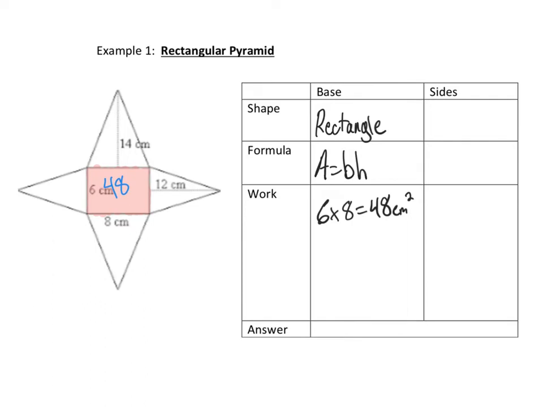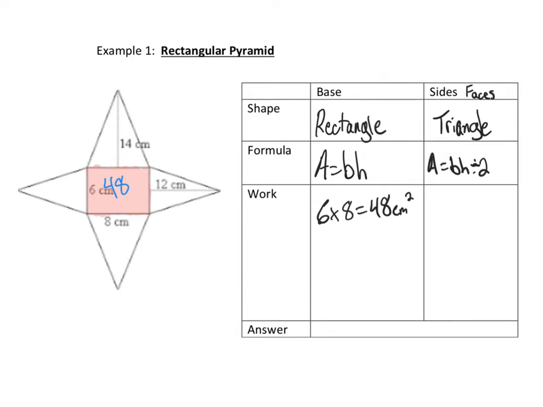I'm going to go ahead and write that in our shape as well, 48. Now, let's look at the sides, or another word could be called the faces. The shape of the faces are triangles. The formula for a triangle is area equals base times height divided by 2. Now let's figure it out. We know the base of this triangle right here would be 8. Now this triangle would be the same as this triangle.